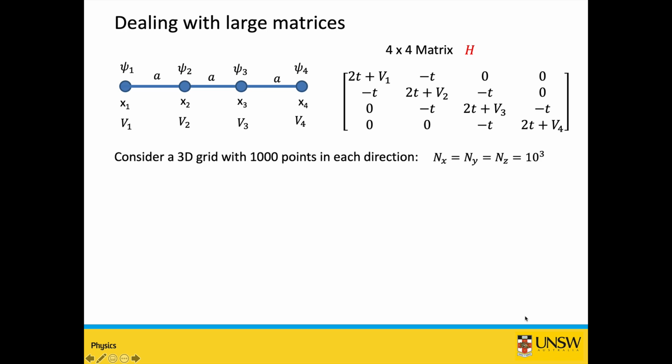Even in this example, if I consider a 3D finite difference approach with 1000 grid points in each direction, then your nx, ny, nz, the number of grid points in each direction, is easily 10 to the power 3, 1000. And then the total matrix dimension would be 10 to the power 9, right? So you have to deal with a 10 to the power 9 times 10 to the power 9 matrix. And you can see that even such a simple problem can give rise to a huge matrix.